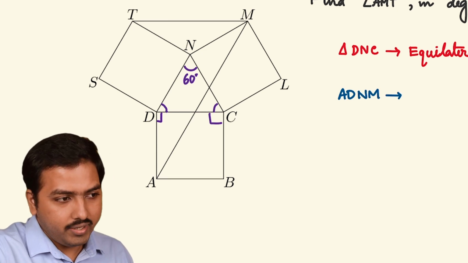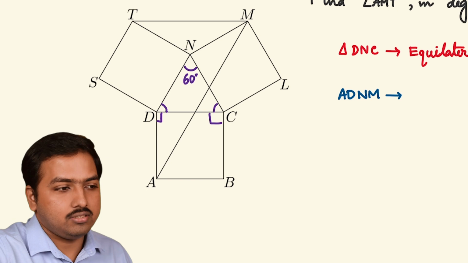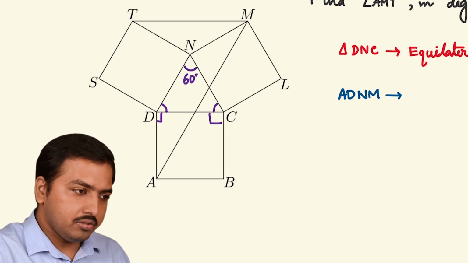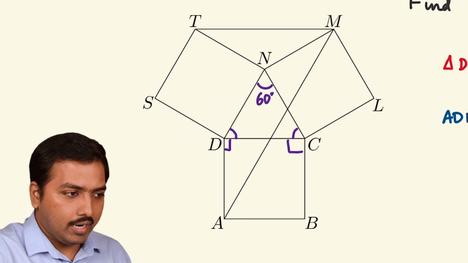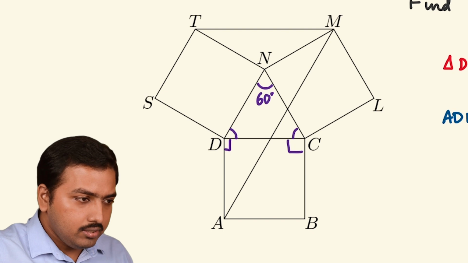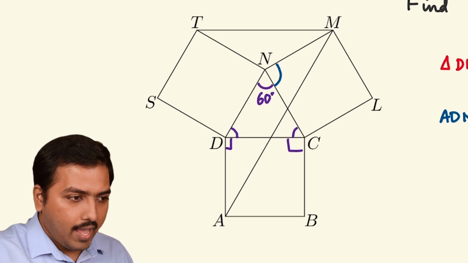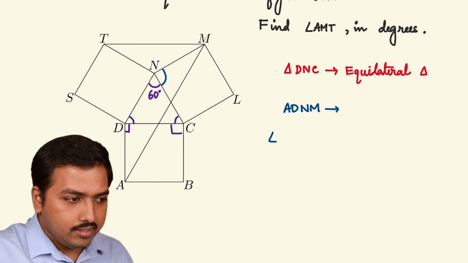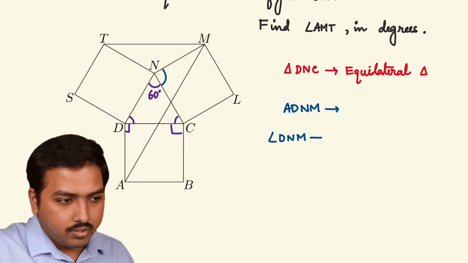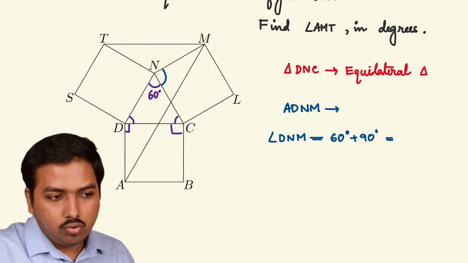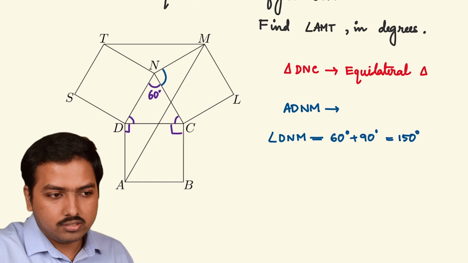So what type of quadrilateral is it? If you observe very carefully, you can understand that the total angle DNM would be 60 plus 90, which is 150 degrees.